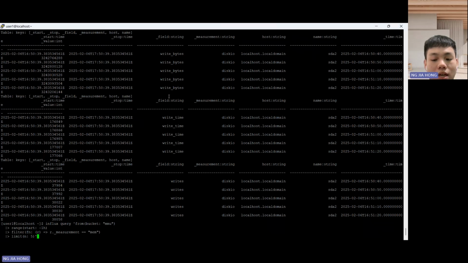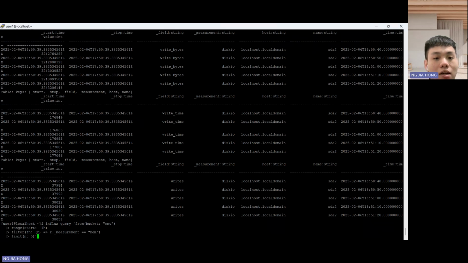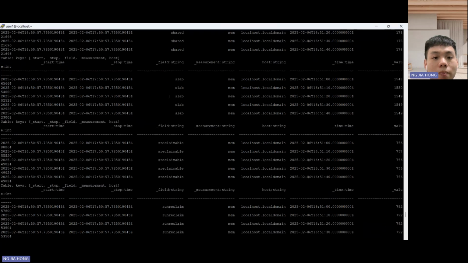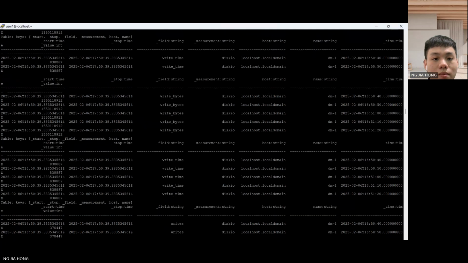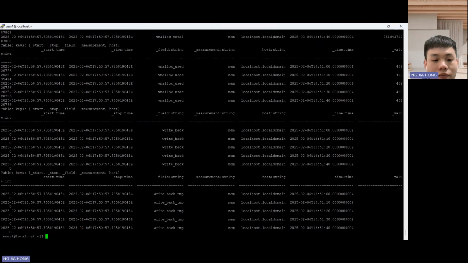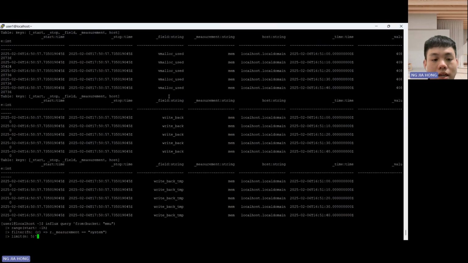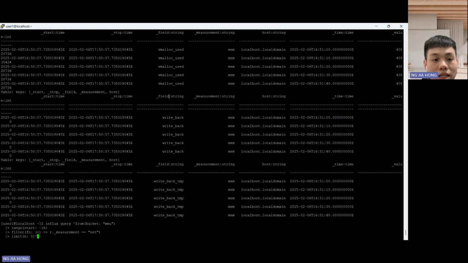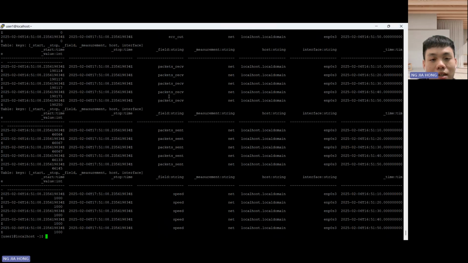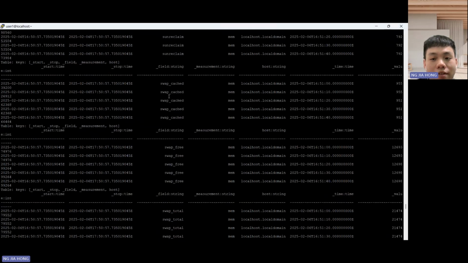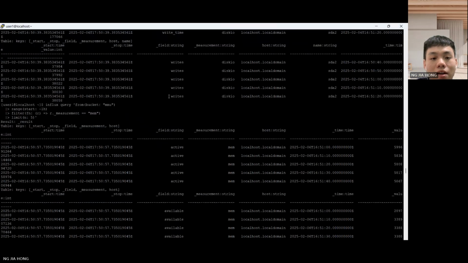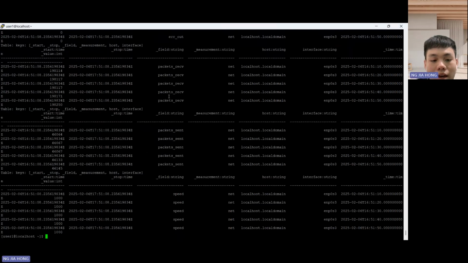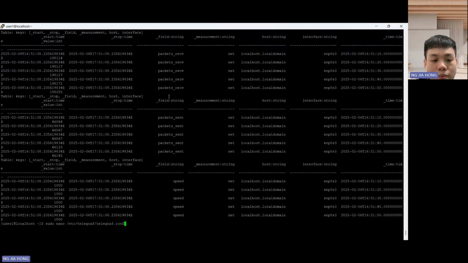And then the third one will be the memory usage, the memory metric. So these are all the data. Then after that would be the network metric. So it's the data received and data sent. And then after that would be the swap metric.